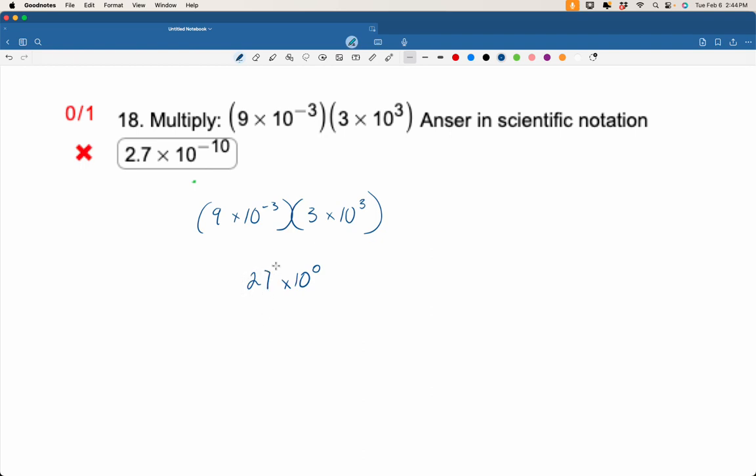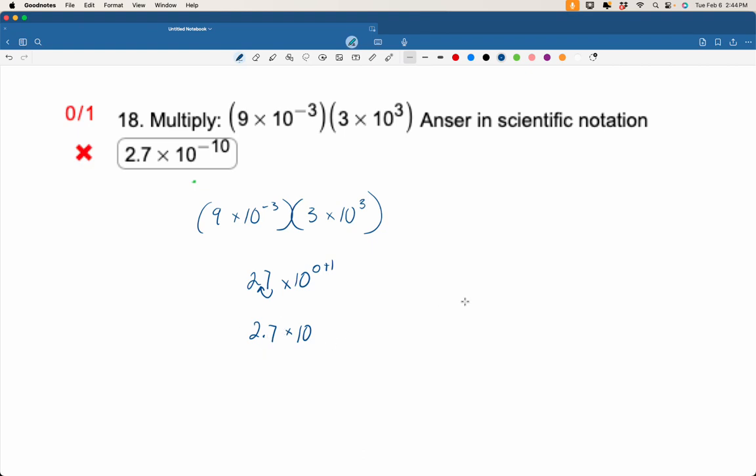This cannot stay like this, though. We have to have it in scientific notation. So we have to do this. So we move it back 1, or move it forward 1 to the front of the number. So it's going to be plus 1. So 2.7 times 10 to the 1, or just like that.